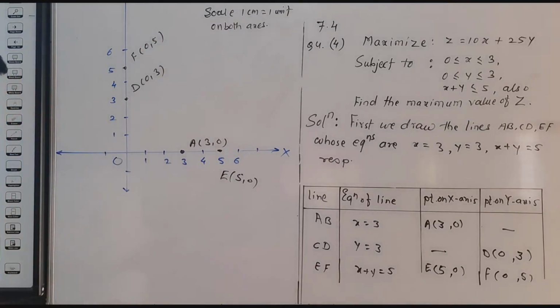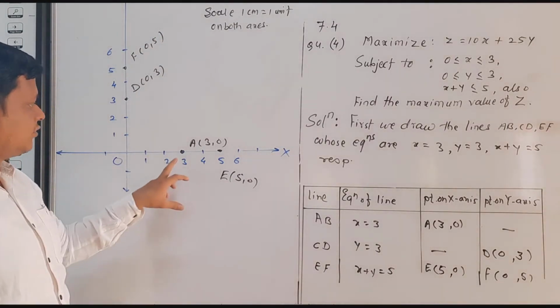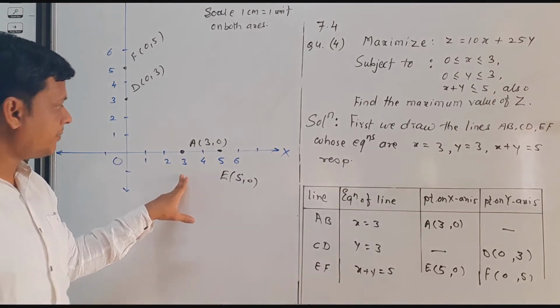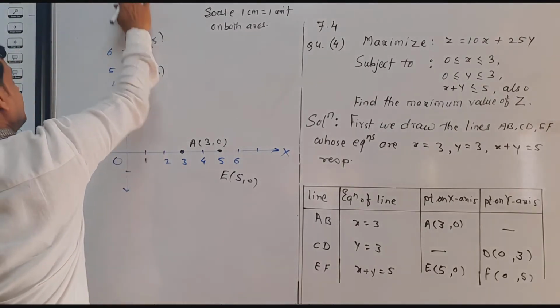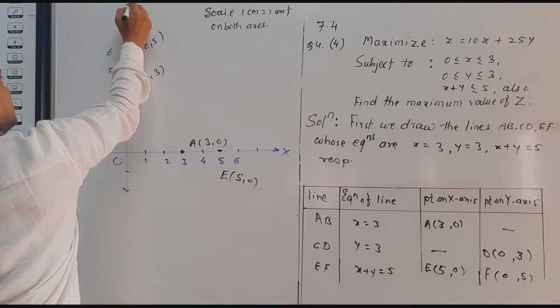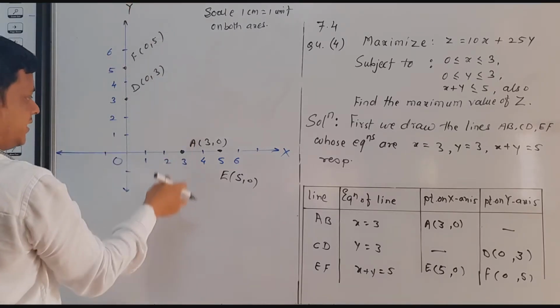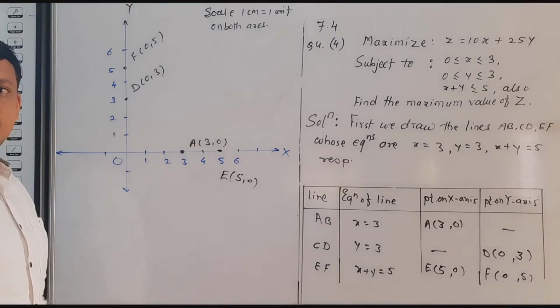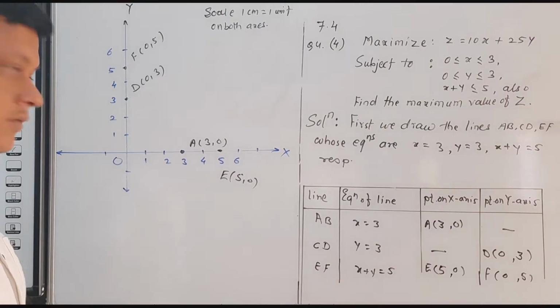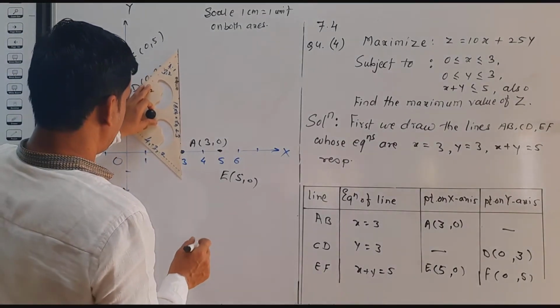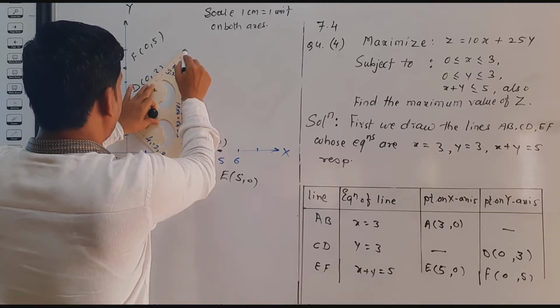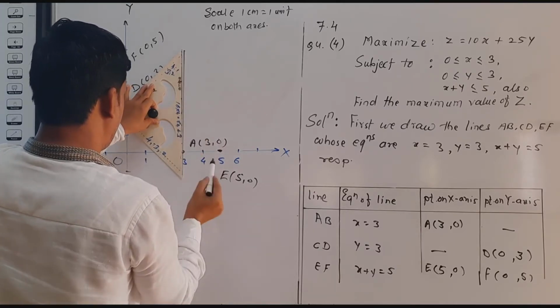So first we draw the line passing through point A, parallel to the y-axis.